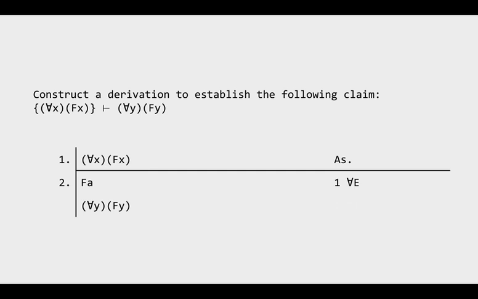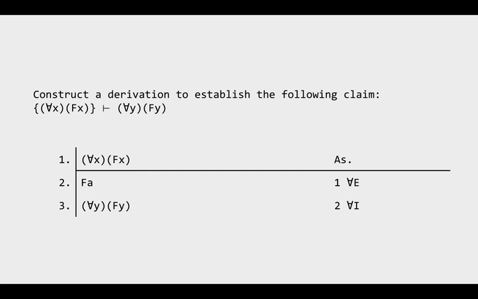Okay, so line 2 is perfectly legal, and if that is the case, then we can actually use line 2 to get to line 3. So what's going on here is simple universal introduction. All you have to do is check that that individual constant you're moving from isn't in the target sentence, and it's not.